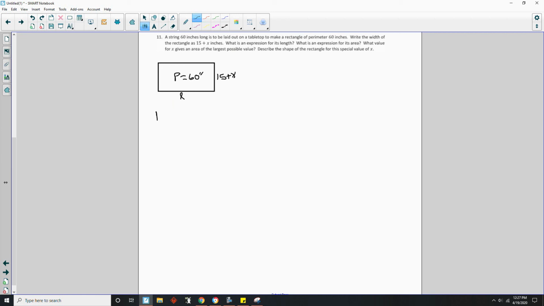P equals 2L plus 2W. Substitute in our givens. 60 is our perimeter, equals 2L plus 2 times our width, which was 15 plus x. Okay, and then when I distribute that, I get 60 equals 2L plus 30 plus 2x.